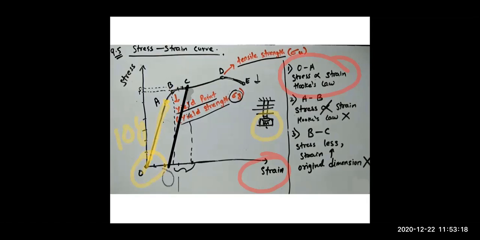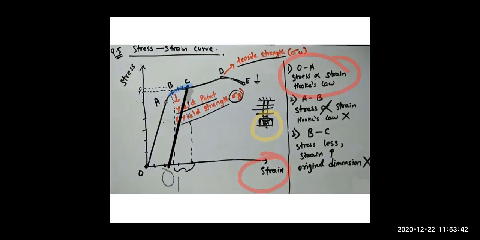The same is true at point B also. Till point B, if you remove the stress, it will regain its original shape and size by retracing its path. Now, further from point B, if you increase the stress, that is from B to C.